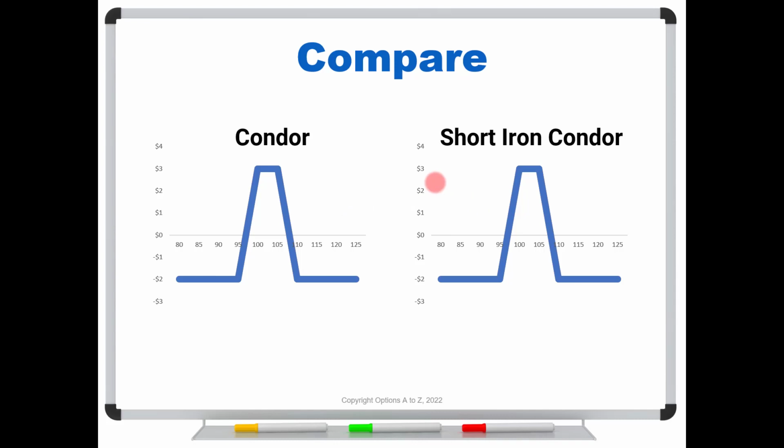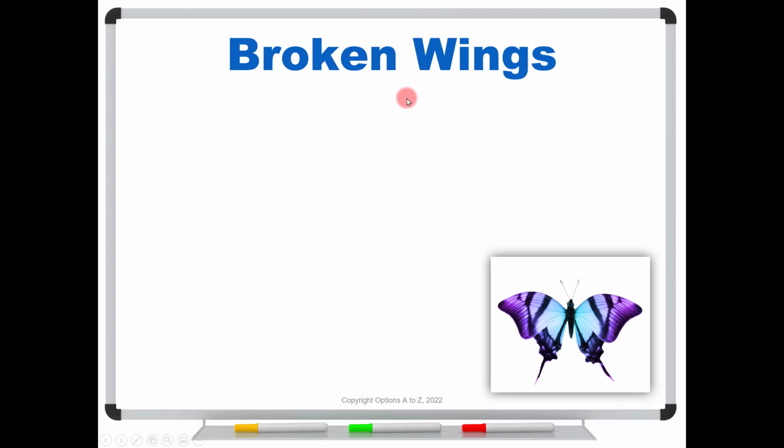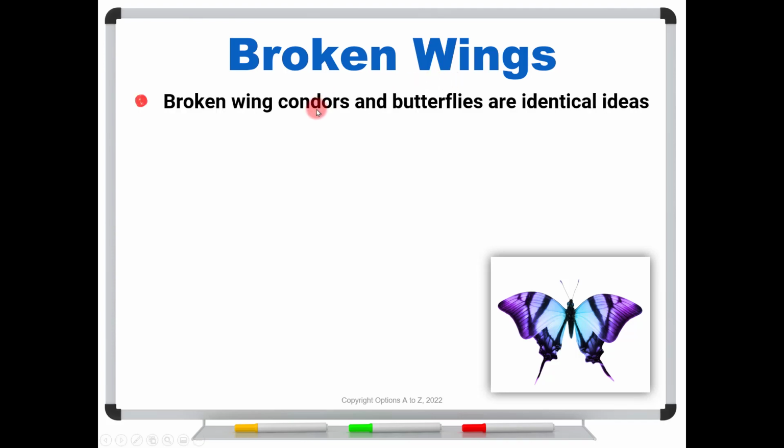But regardless of whether you're using a short iron or a standard iron, and there's butterflies and condor versions of each, the broken wings are a completely different category. They're related, but it's really a different category. So they just call them broken wing something, broken wing butterflies, broken wing condors, and things like that. So here, the broken wing condors and the butterflies are identical ideas.